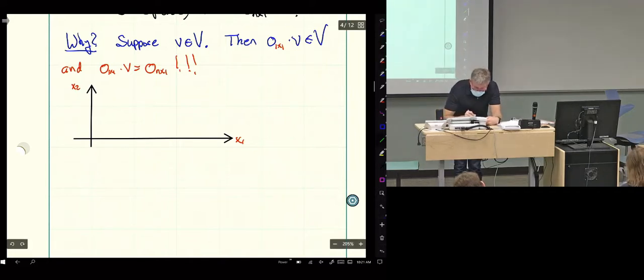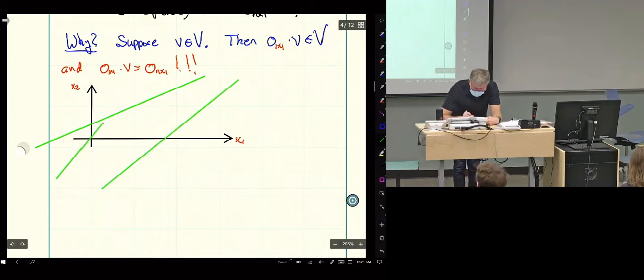Here's a line. Here's a line. Here's a line. And let me label them L1, L2, L3.